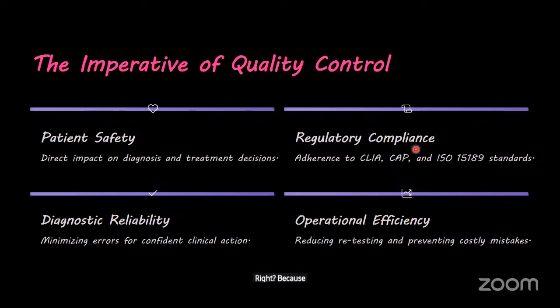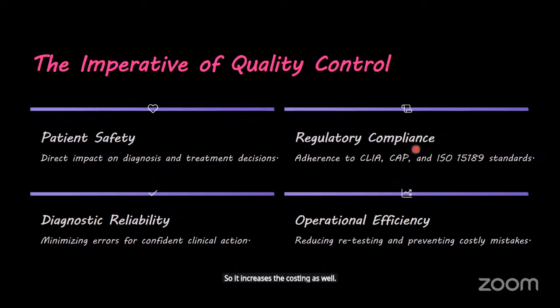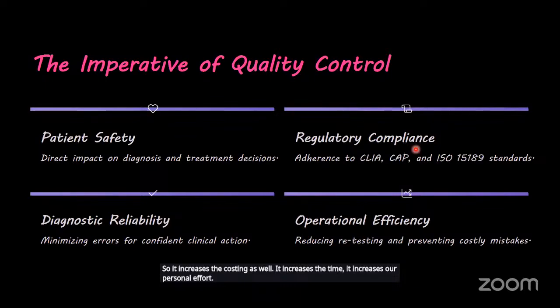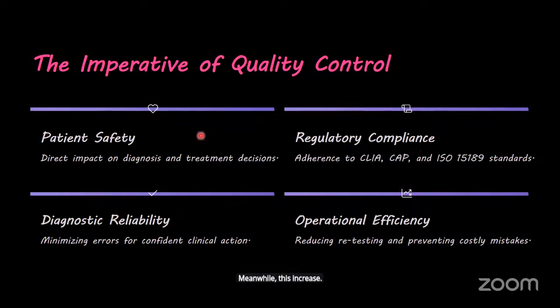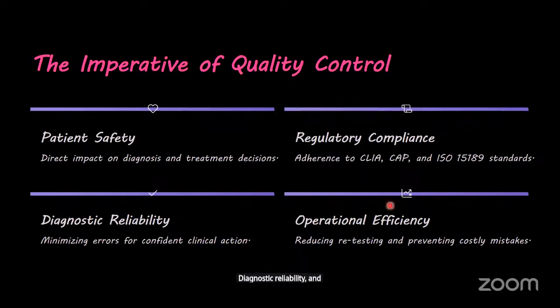Because of delayed diagnosis, misdiagnosis, and repeated diagnostic procedures, it increases the cost, the time, and our personal effort, and this is more harmful for patient outcome, because it can result in more severe complications. So the utmost importance of quality control is patient safety, adherence to regulatory compliance, diagnostic reliability, and improved efficiency.